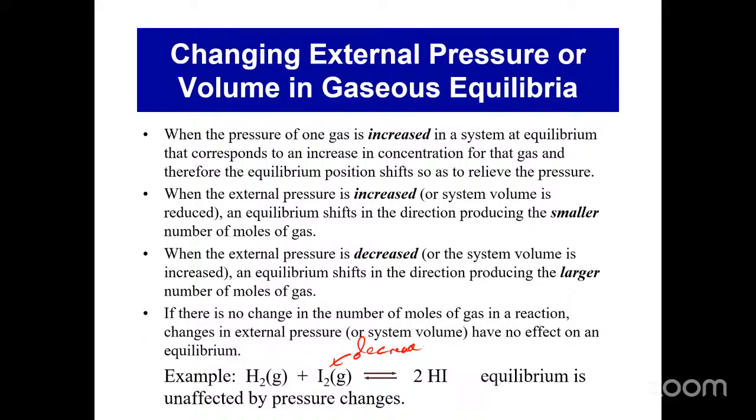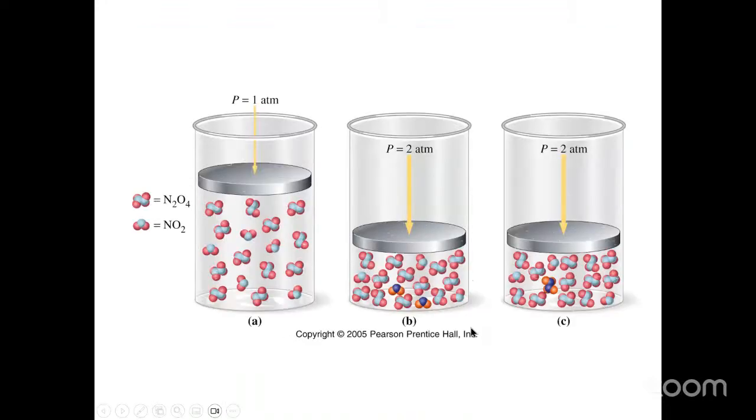So you can change the position of equilibrium if you, in this particular case, change the pressure or concentration of one component, but if you try to change the total pressure, nothing will happen because you have 2 moles on either side, all right?